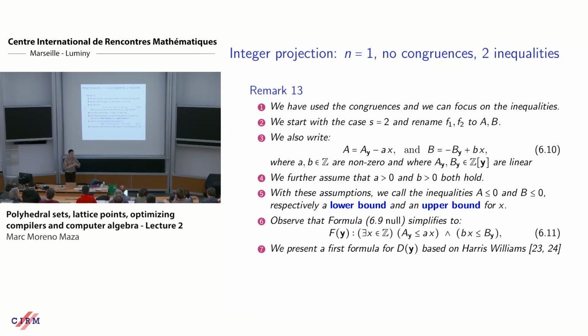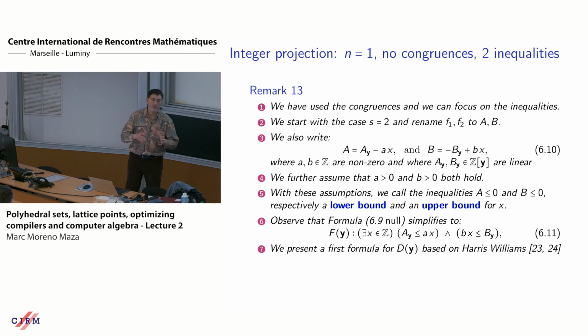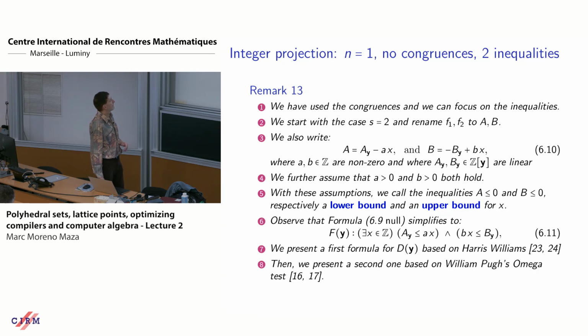There will be a first sort of direct way of doing that, proposed by Harris Williams. And then we will use the optimization due to William Pugh, which is known as the omega test, that some of you may have heard about.